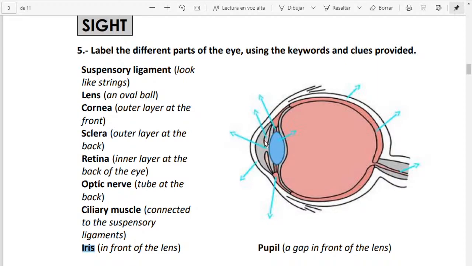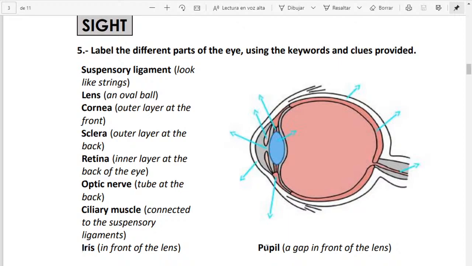This is one part. This is a muscle, and this is the other part. So the correct arrow to write down this name is this. So pointing, this arrow has to write iris here. And remember, iris is something we have in the front of our eye with a color.